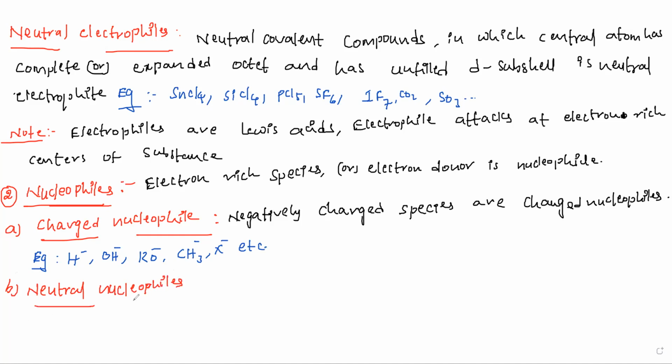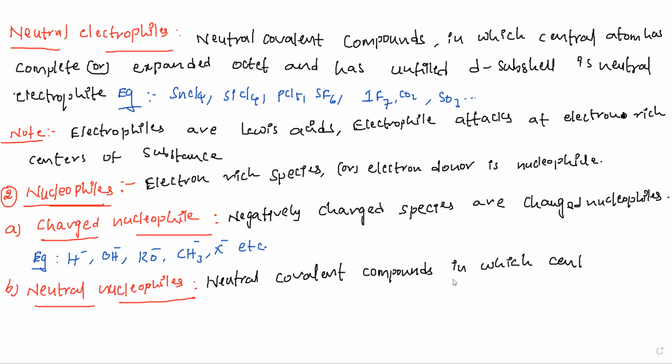Neutral nucleophiles are neutral covalent compounds in which the central atom has a complete octet and has at least one lone pair.